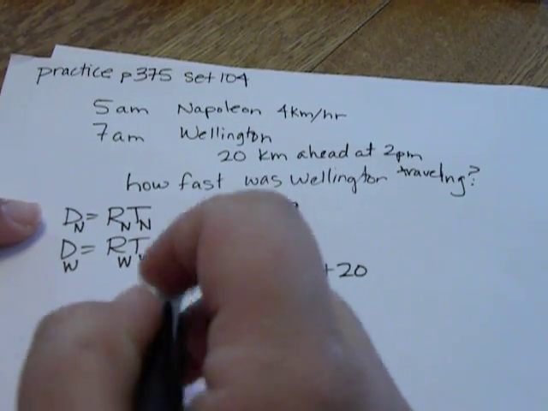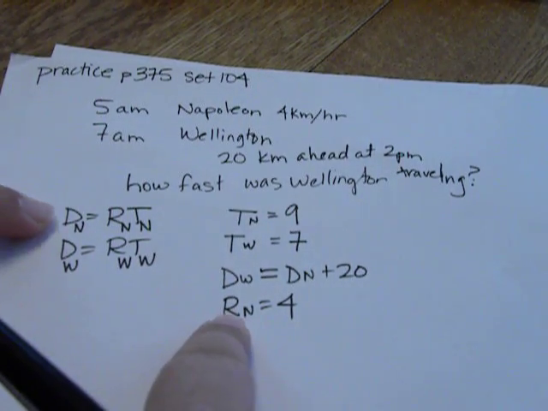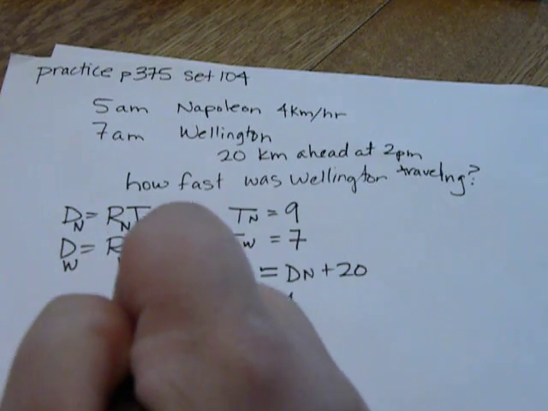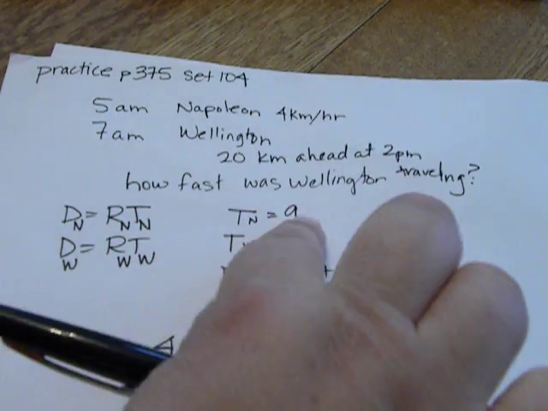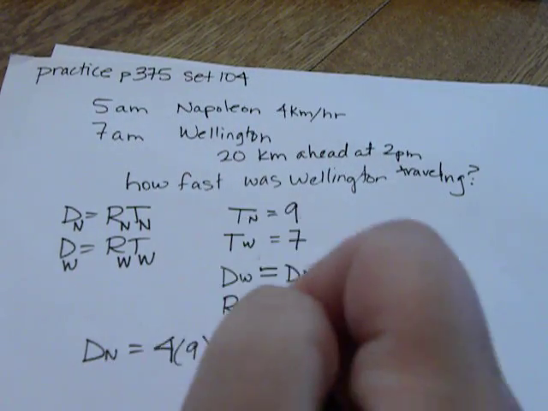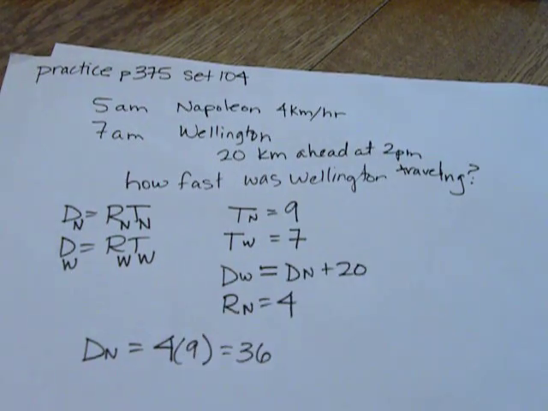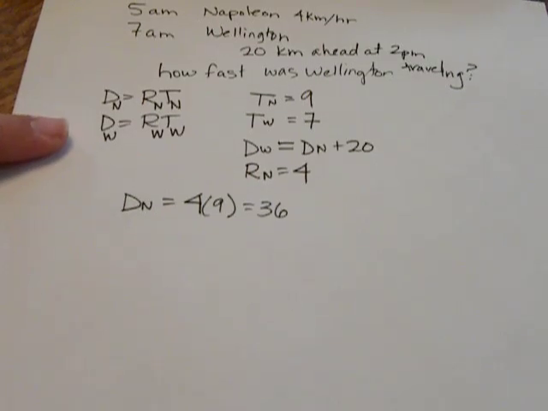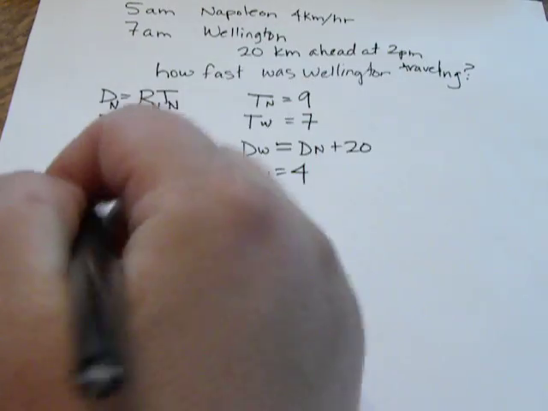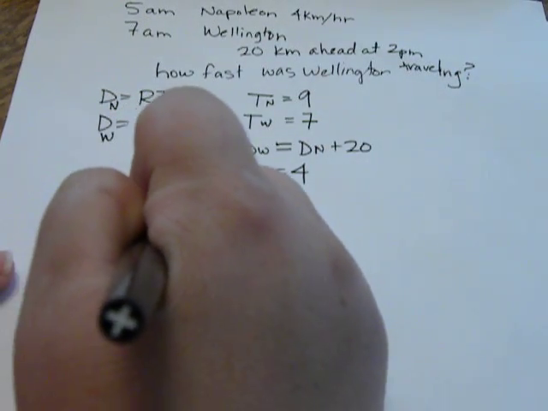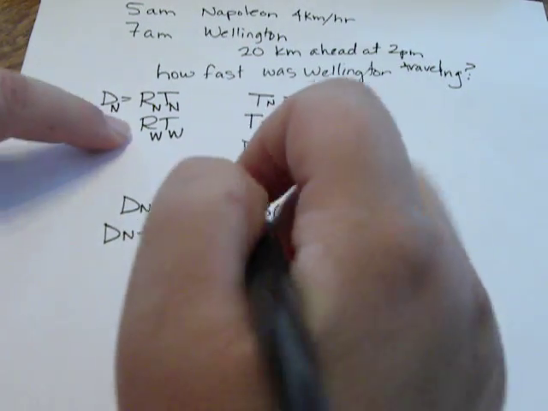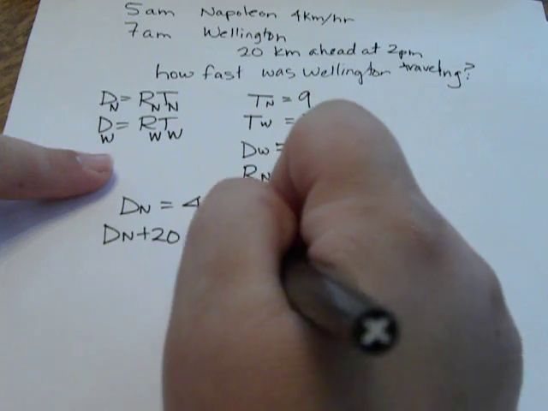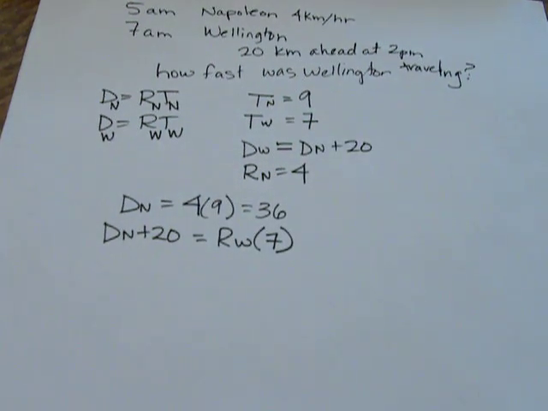Rate of Napoleon is 4, so d sub n equals 4 times t sub n, which is 9. D sub n is 36. Distance of Wellington is d sub n plus 20. Rate of Wellington is what we're trying to find out. Time of Wellington is 7.